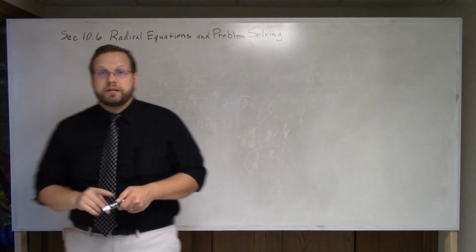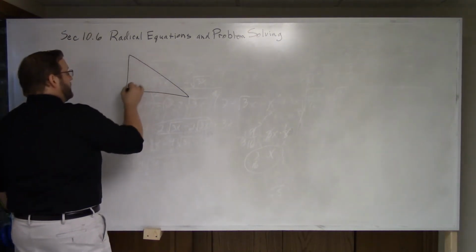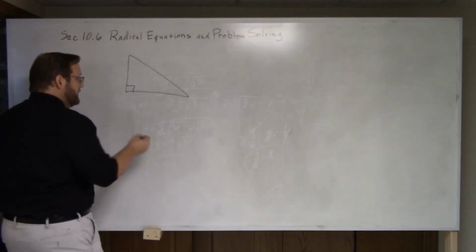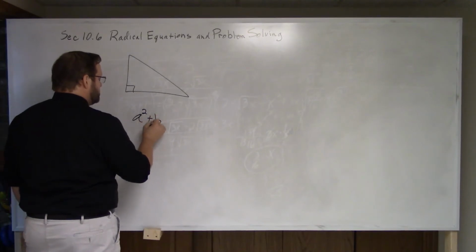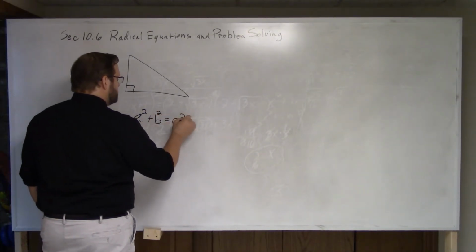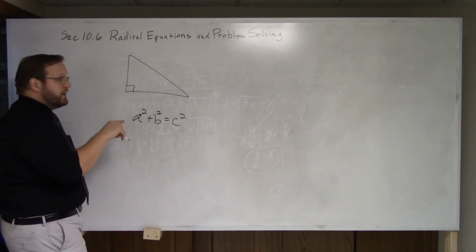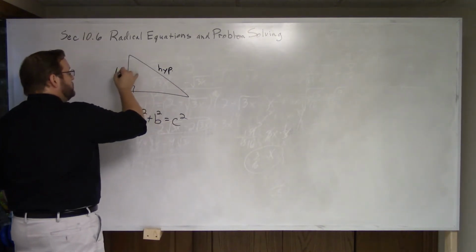Now, Pythagorean theorem is always going to apply to right triangles, a triangle with a right angle in it. The Pythagorean theorem that we all should be remembering from the past is that a squared plus b squared equals c squared. Now, the different parts of a right triangle are the hypotenuse and then two legs.